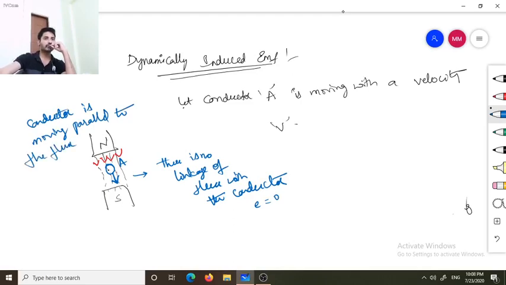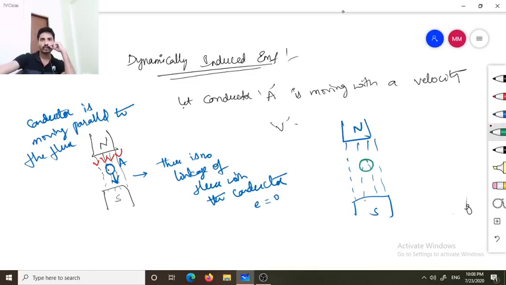Now imagine the conductor is moving perpendicular to the lines of flux. That is the second case, the second scenario. Now the conductor is moving perpendicular to the lines of flux.